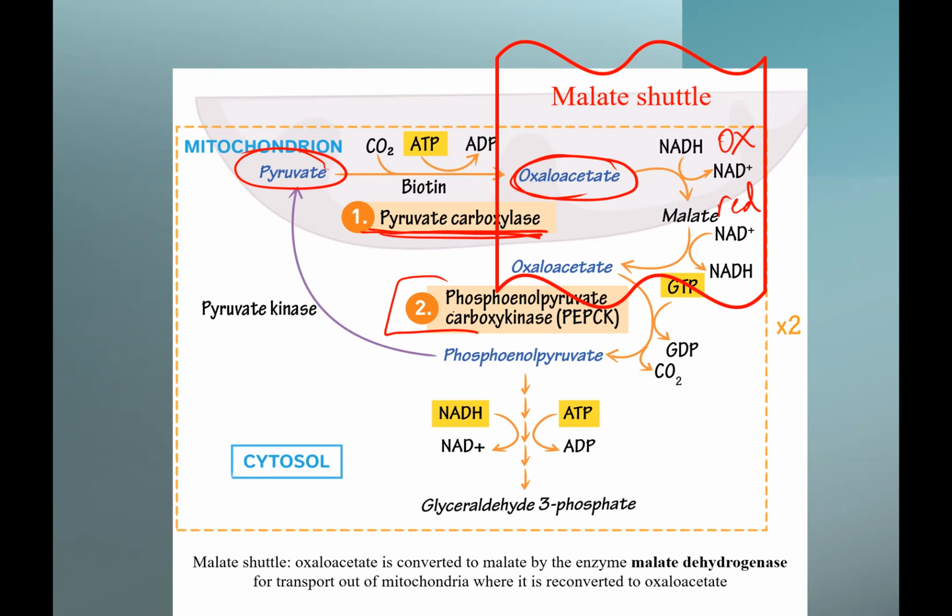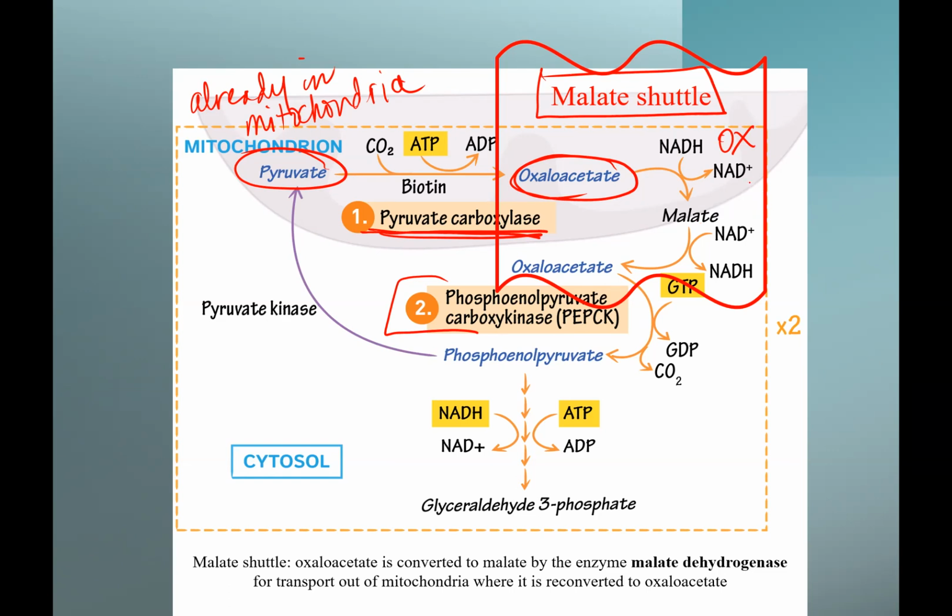So what we have done in this process here, and this is a situation where we're seeing pyruvate is already in the mitochondria, okay? So this is the distinction we're making here. Then this malate shuttle will go forth. So we take the malate, a couple things happen.